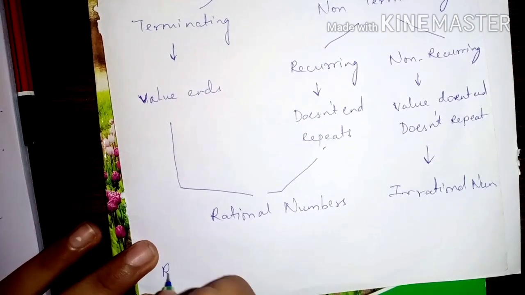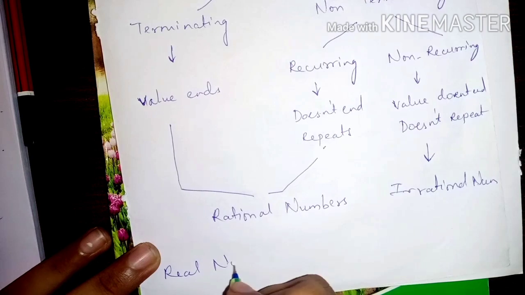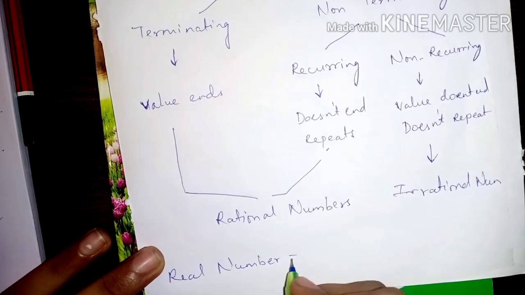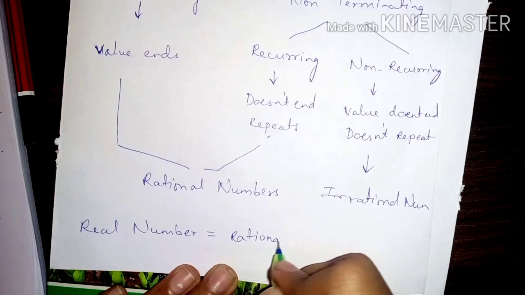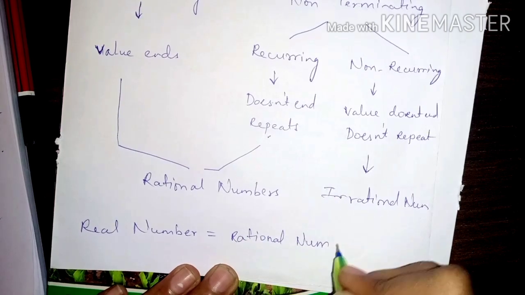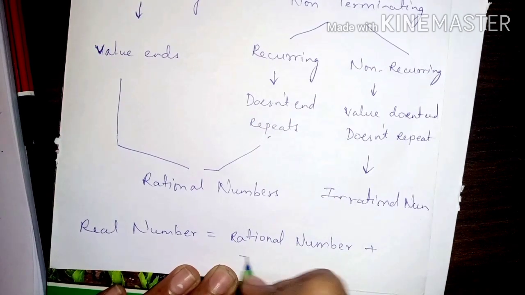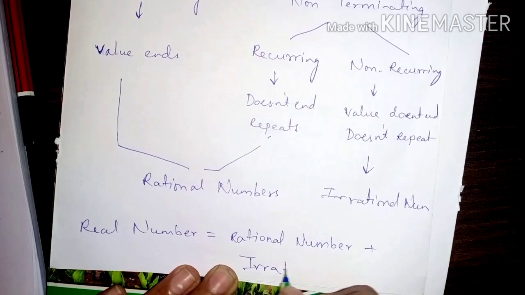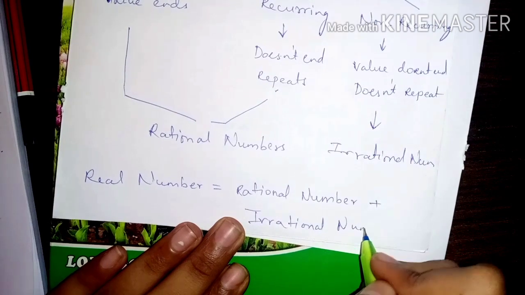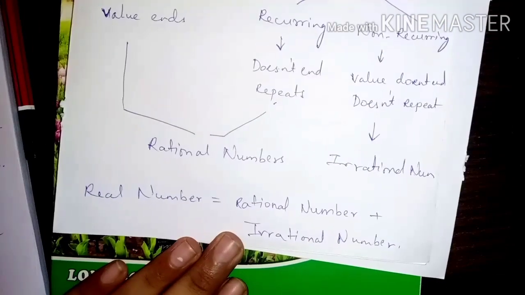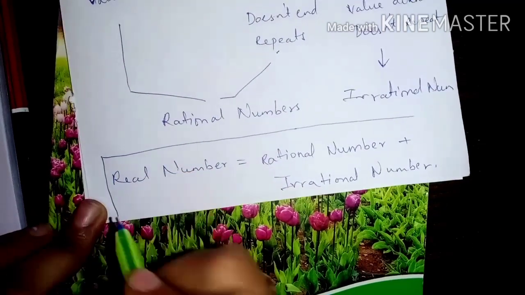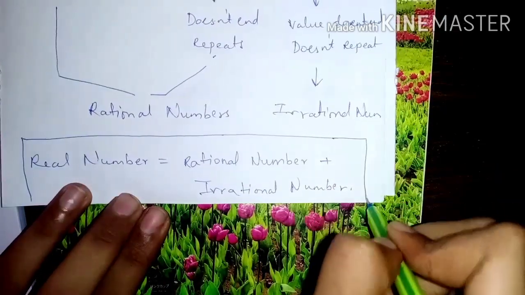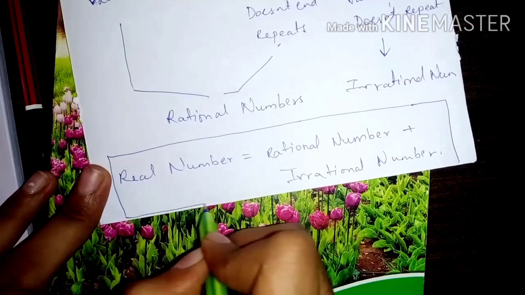Hence a real number is a combination of rational number plus irrational number. Since this is an important point, I am highlighting this to you so that you remember this.